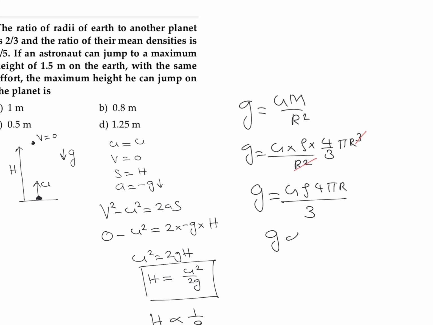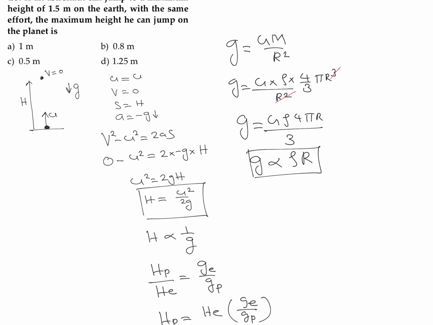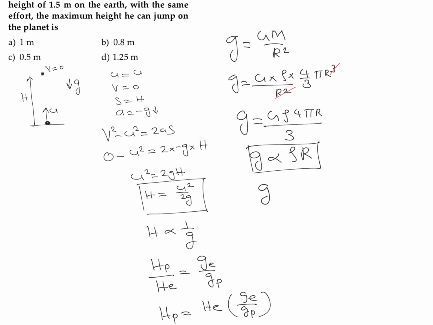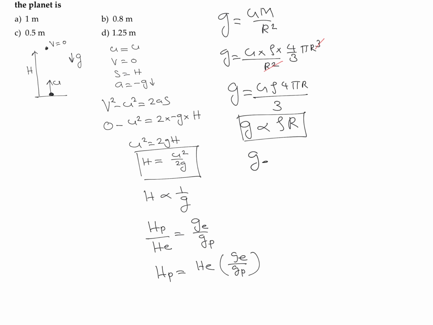Or you can write this acceleration due to gravity is directly proportional to density and directly proportional to radius. That means acceleration due to gravity on Earth divided by acceleration due to gravity on that planet is density of Earth by density of planet into radius of Earth by radius of planet.